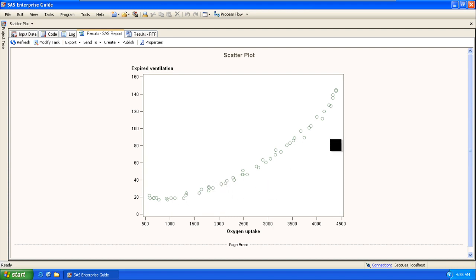So it seems that there is some relation, positive relation. Now we find out by the coefficient.